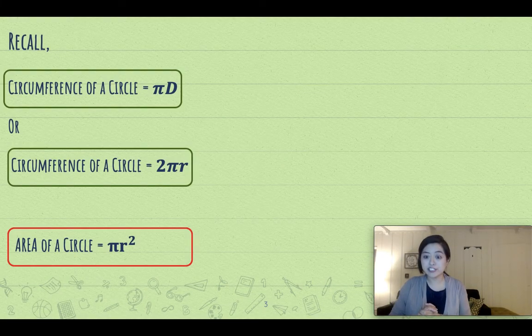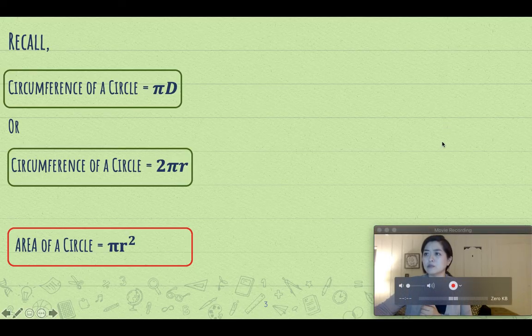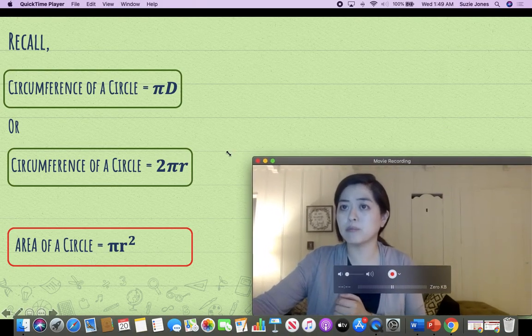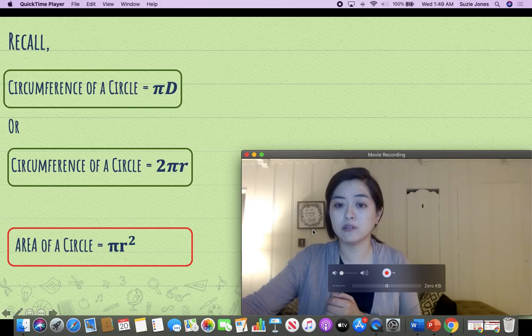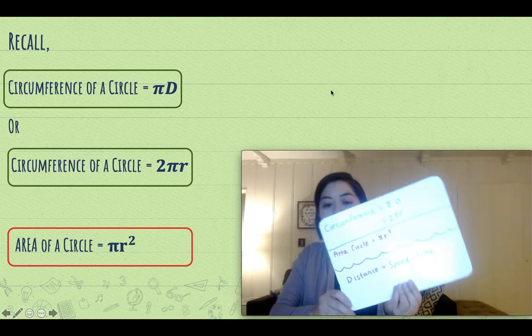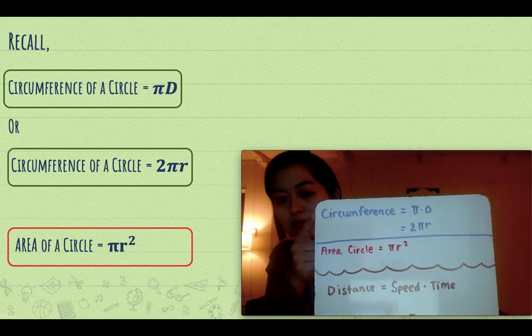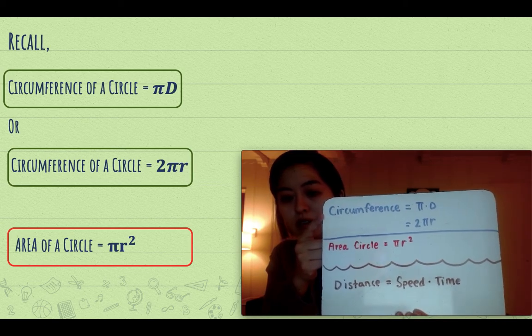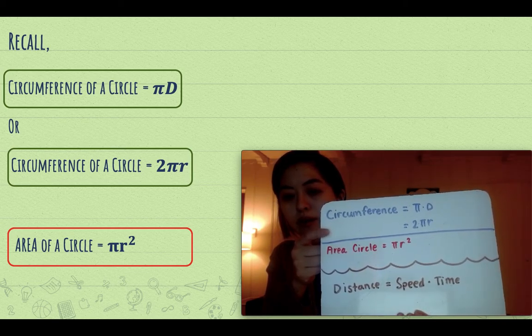Just as a refresher, here are the formulas for the circumference of a circle and also the area of a circle. I also wrote it on my mini whiteboard here for you, like so. Circumference of a circle is pi times d, or we can use 2 pi r.